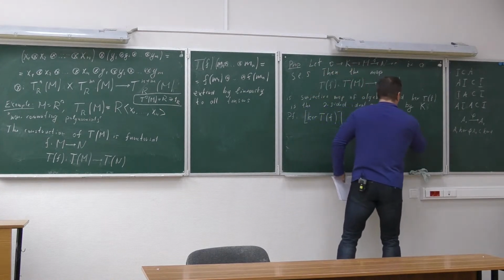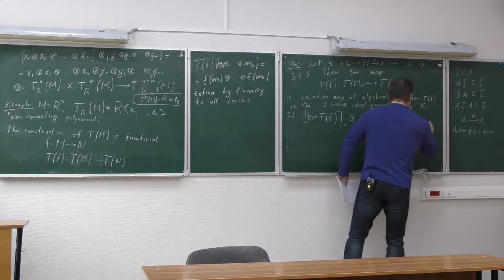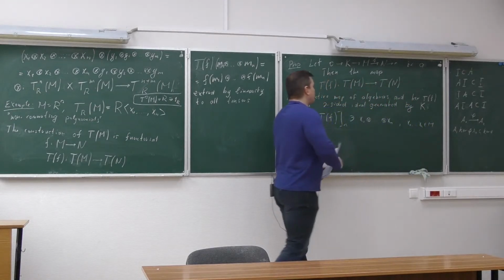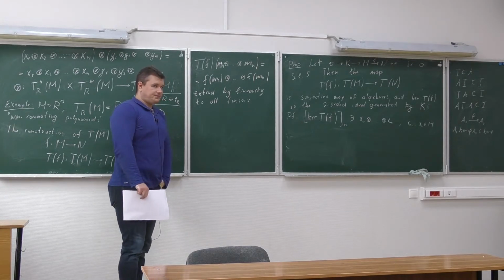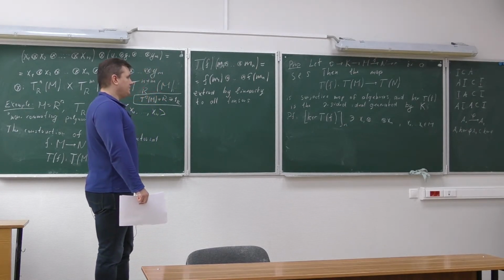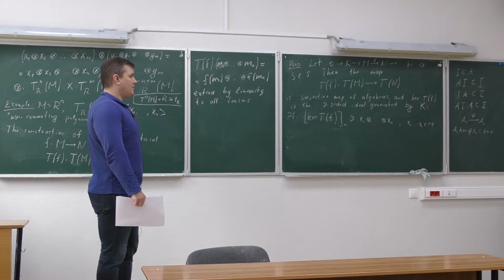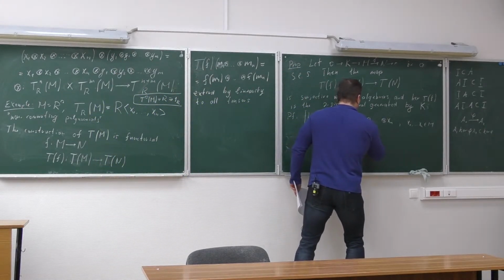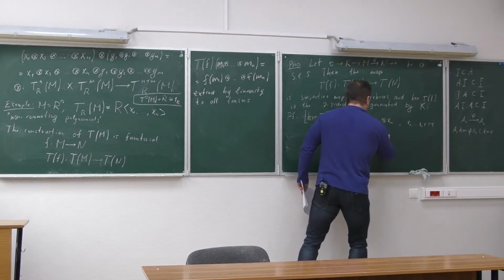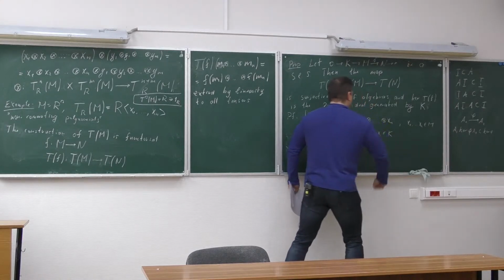So all these x1 up to xn are in the module M. But what conditions do I need to put on these elements to say that this is in the kernel? Well, one would be enough, definitely. Yeah, one. Such that there is some index i such that xi is in the K.